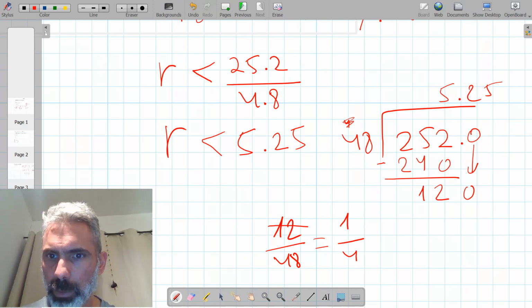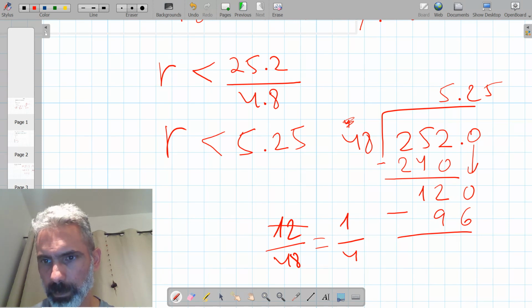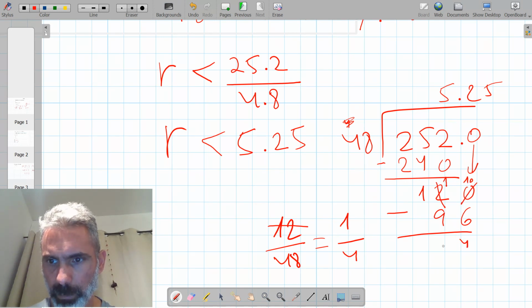Let's see if it's correct. 2 times 48 is 2 times 40 is 80, 2 times 8 is 16, so 2 times 48 is 96. So now this becomes 1, this becomes 10, so 4, 11, 24.